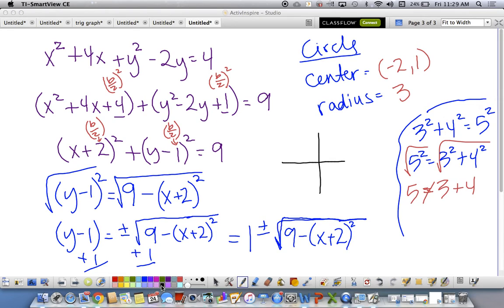If we wanted to graph it, negative 2, 1, there's our center. It has a radius of 3: 1, 2, 3, and 1, 2, 3.